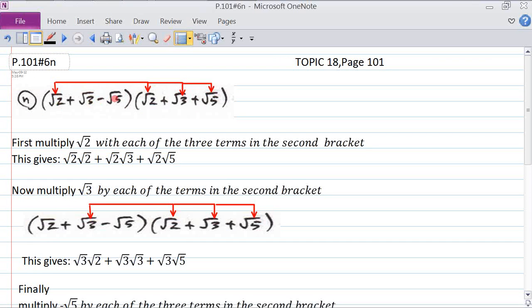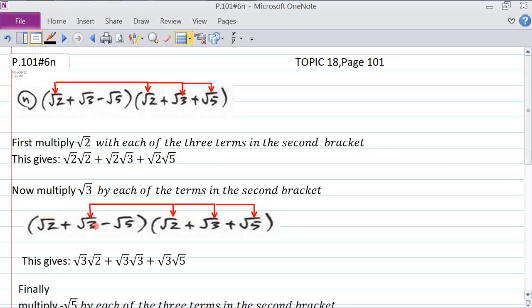Now, here we have 3 terms in this case and 3 terms in that case. So what we're going to do is break this down and first of all multiply root 2 times each one of these. So that's the first part of the problem.